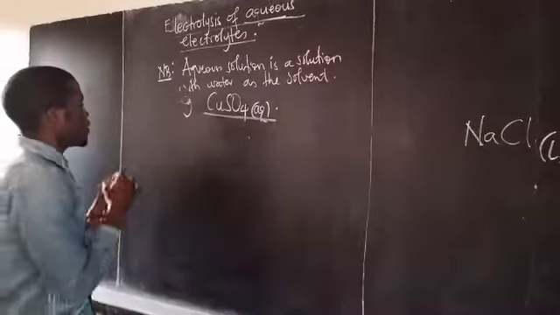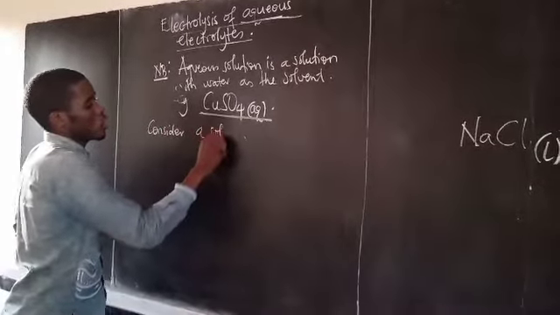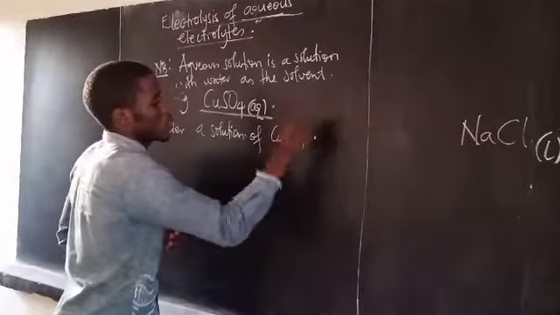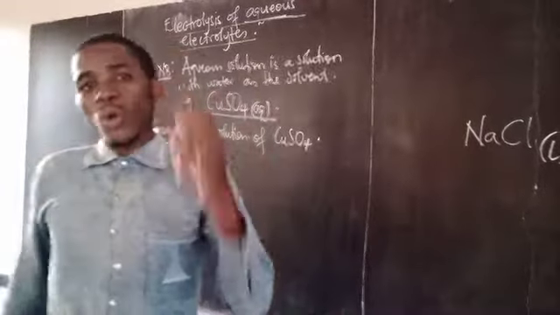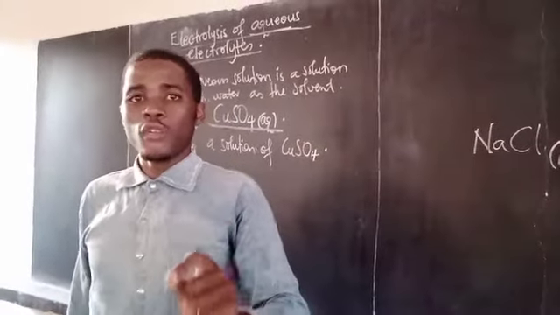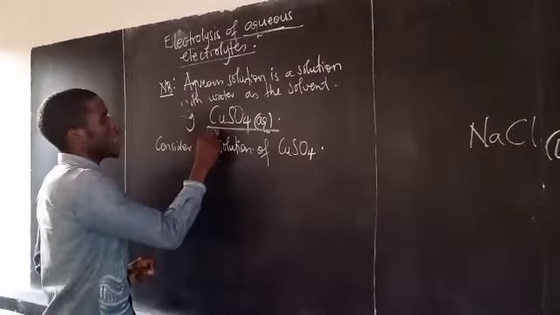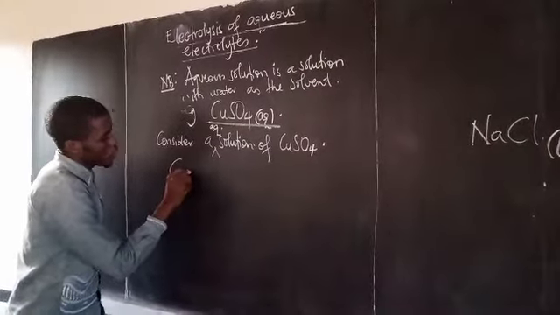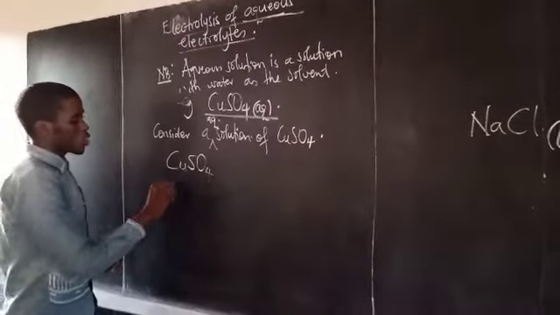So, if you consider a solution of copper 2 sulfate, I want us to look at the ions that can be found in it. Being aqueous, the contents of this solution are copper 2 sulfate and also water.